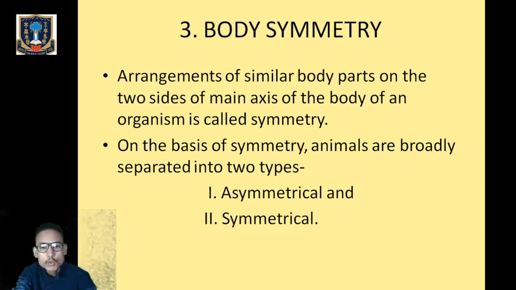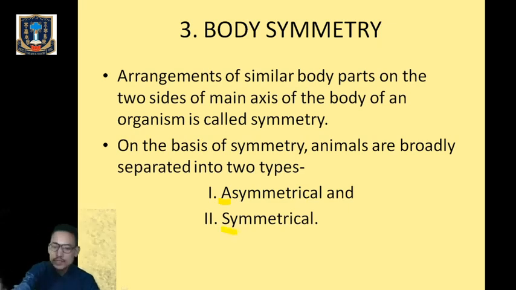A means no. So asymmetrical animals cannot be divided into two equal halves. Whether we cut from any plane, any direction, these animals cannot be divided into two equal halves. Whereas symmetrical animals can be divided into two equal halves.